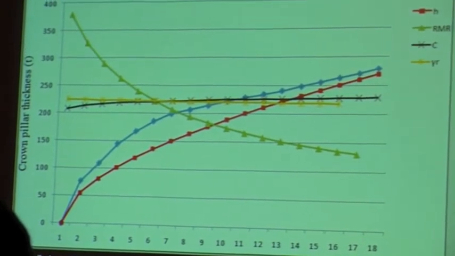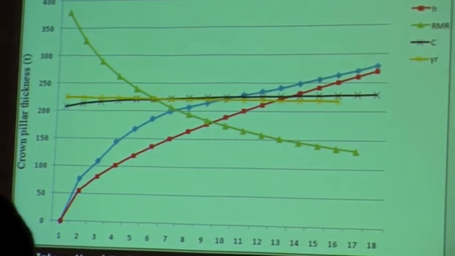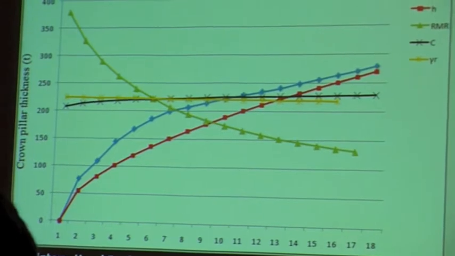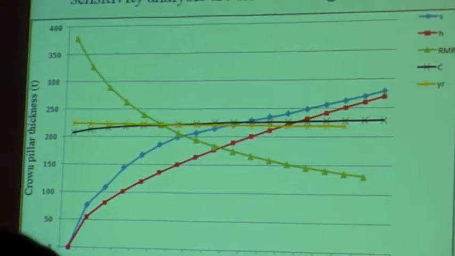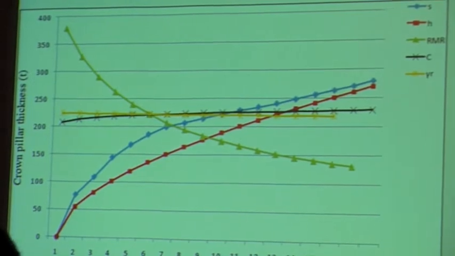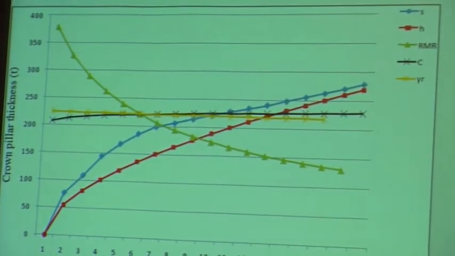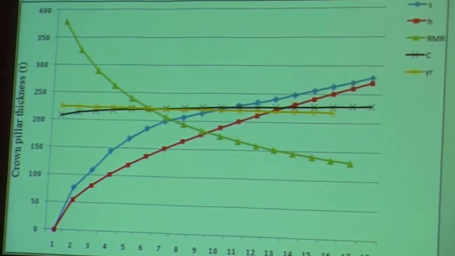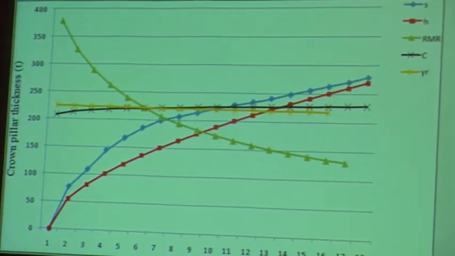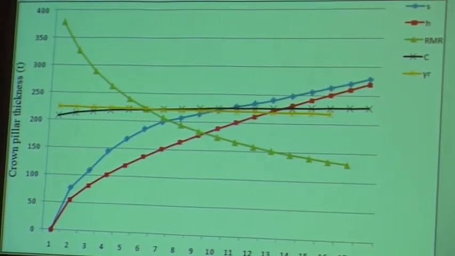As you can see, the blue line, as this width increases, the necessity and the width of the pillar increases sharply, even more sharply than the height, which is H and the red curve. This is what we didn't know.